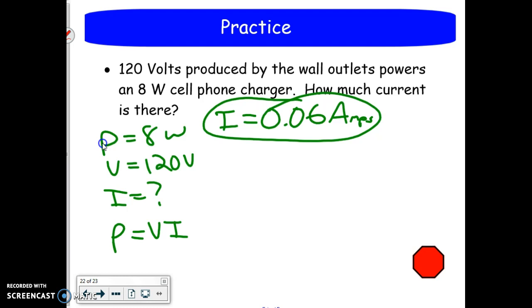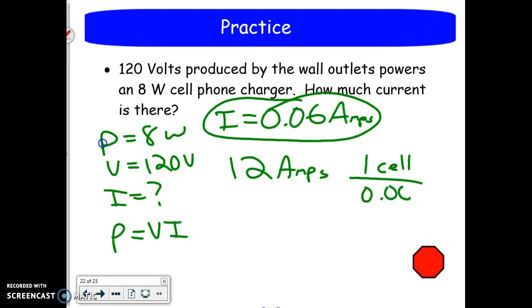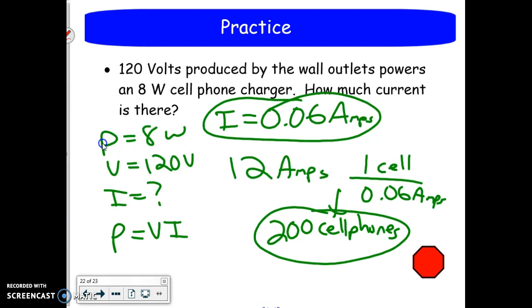So with that being said, if we can get 12 amps max, and each cell phone is 0.06 amps, that means that in your particular room, before you have too much electricity to shut off the power, we can have 200 cell phones. We could have 200 cell phone chargers charging in your bedroom at once without blowing a fuse.